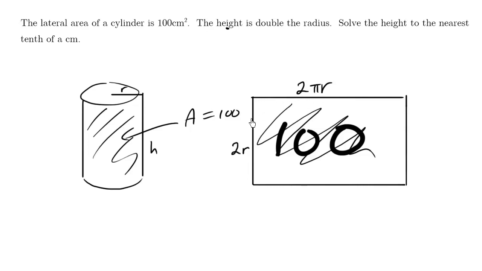So what we have here is the height, and we have the circumference, which means that we can solve what r is. We know that the area of a rectangle, which is 100 here, is going to be the height times the width. So algebraically, 2r times 2 pi r is equal to 100.